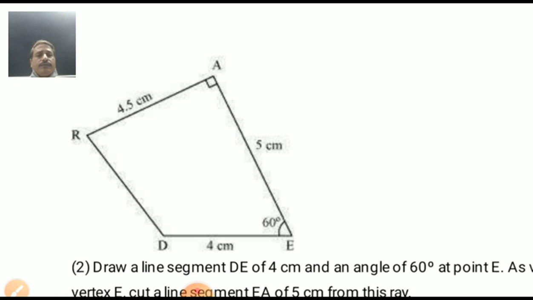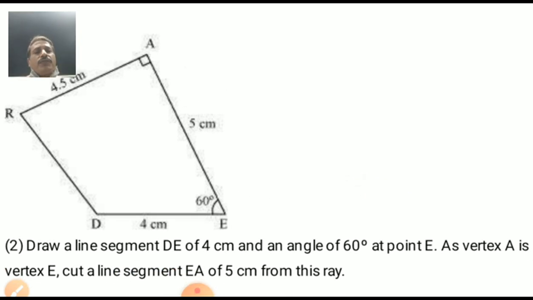Yes, DEAR. Now you have a clear idea. Start very fast. DE is a 4 cm base, base means the line below. Draw the line segment DE of 4 cm, angle 60, which we know very well, at point E. Now 5 cm away from this, and from there 90 degrees. Angle A is 90 degrees, and it is given that at point R it is 4.5 cm.